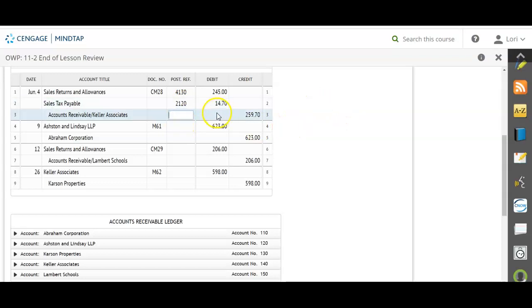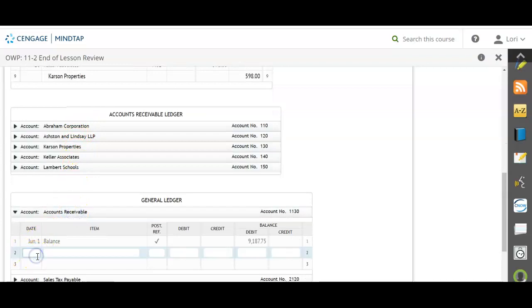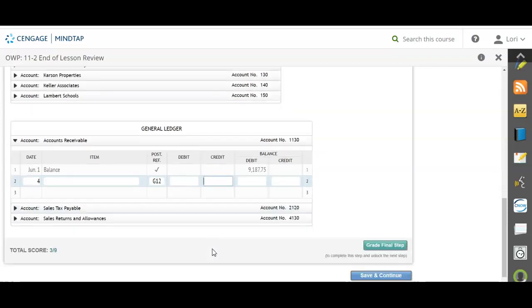Okay, now we're going to accounts receivable. Here, this is the 4th. It's G12. We're going to credit for $259.70. And we are going to subtract that from our debit balance. So $9,187.75 minus $259.70.